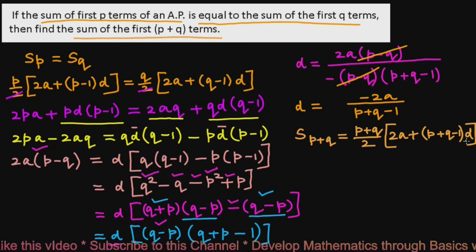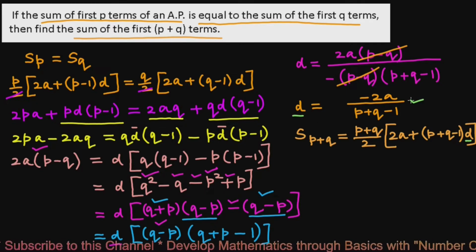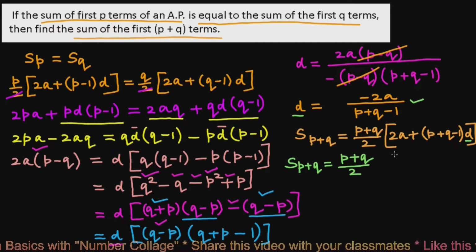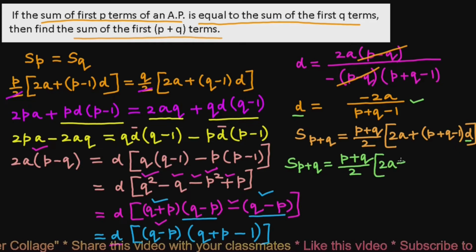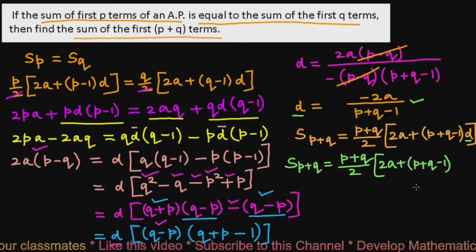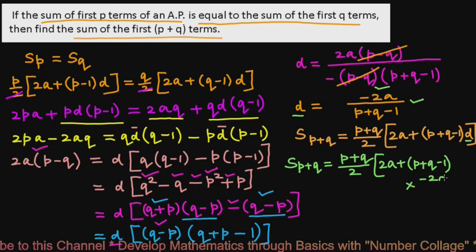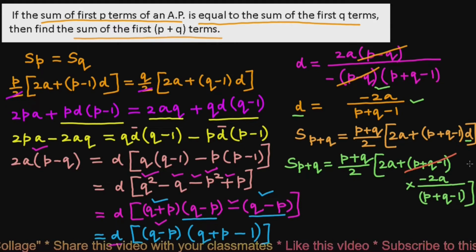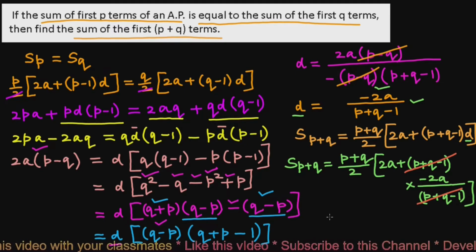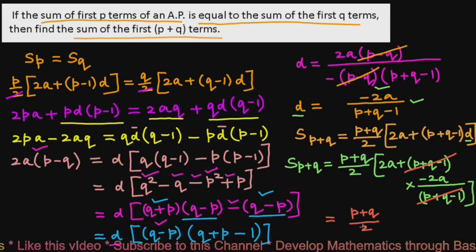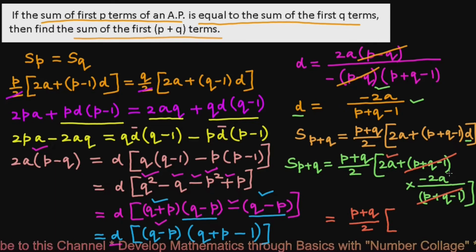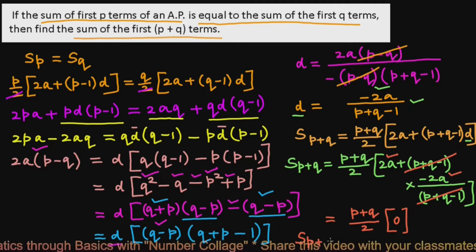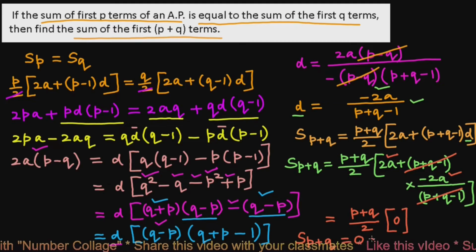Now we will replace d by this value and write S of (p plus q) equals (p plus q) upon 2 multiplied by (2a plus (p plus q minus 1) multiplied by minus 2a upon (p plus q minus 1)). Now we can cancel (p plus q minus 1) with (p plus q minus 1) and we get (p plus q) upon 2 multiplied by (2a minus 2a), that will be 0. So therefore the sum of the first p plus q terms will be 0, and this is what we have to find out.